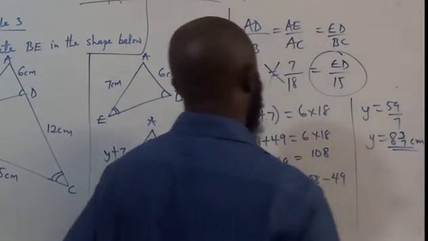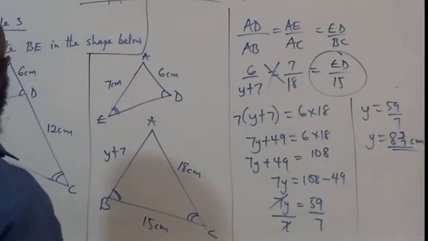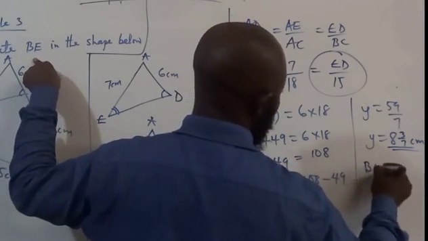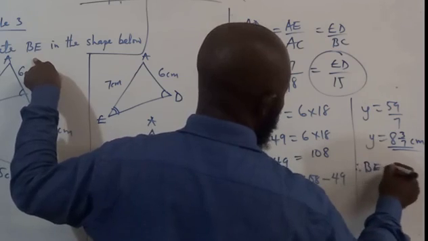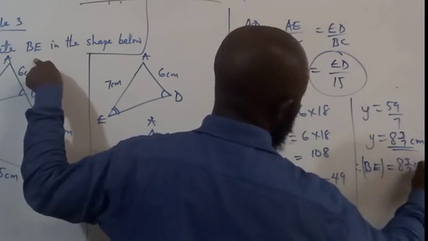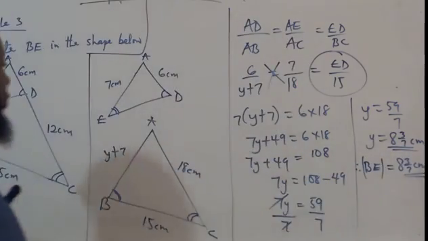So that's the value of Y. So we can then conclude that EB, what we were asked for, line BE, equals 8 and 3 over 7 centimeters. So that's how to solve this problem.